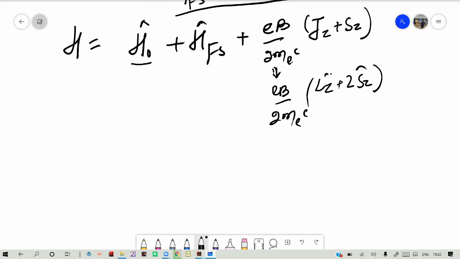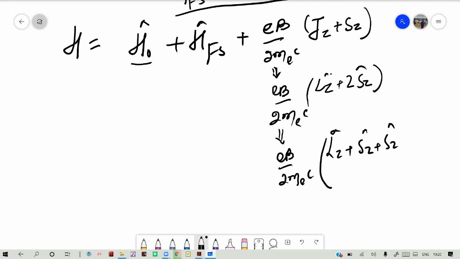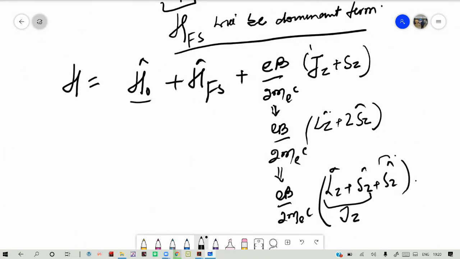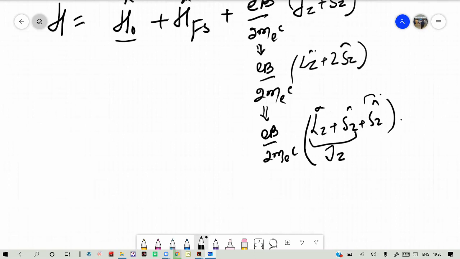I can write this term as eB by 2m_e c (L_Z plus S_Z plus S_Z). This is J, this is S. Plus S. That is how it comes, J_Z plus S_Z.